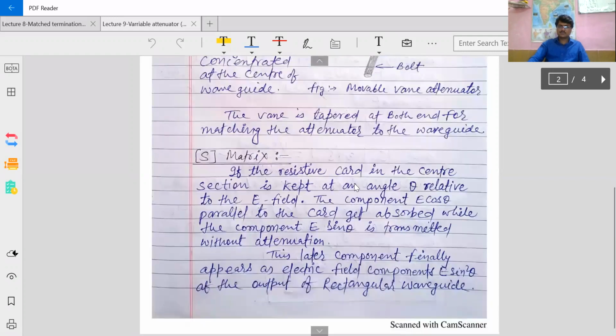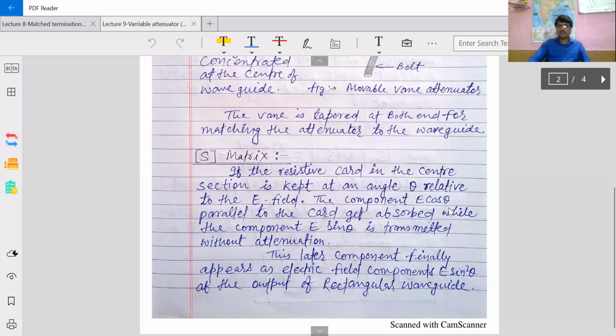So let us suppose the resistive card in the center section is kept at an angle theta relative to the E field. As I told some time before, it depends upon theta.